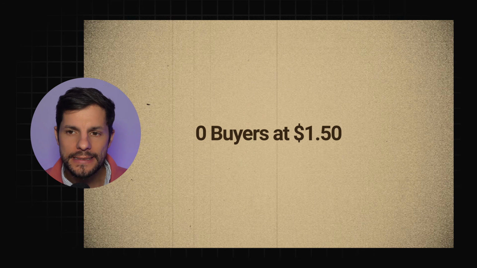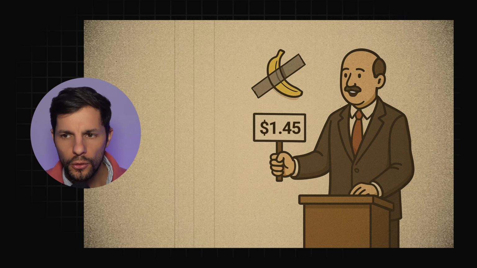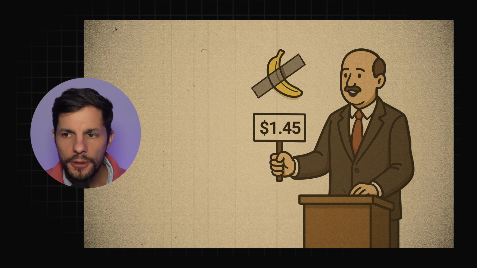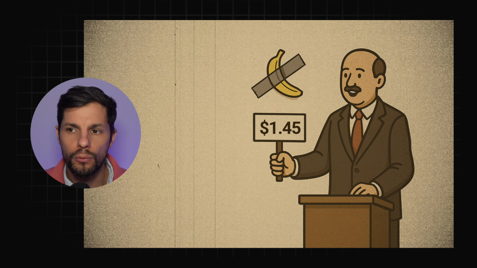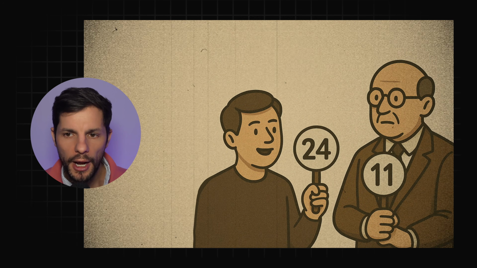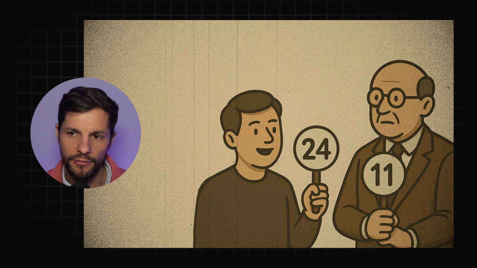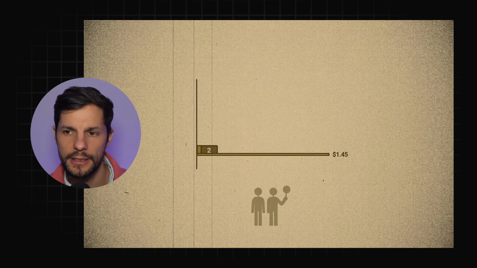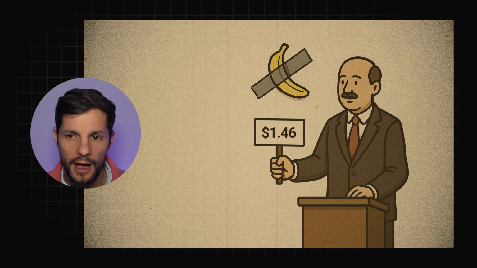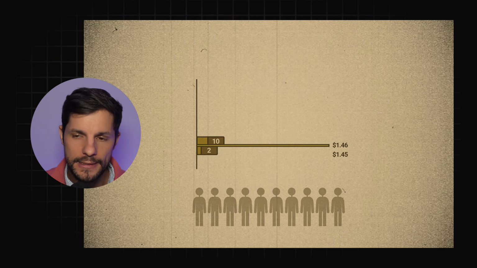There are zero bidders. Therefore, the auctioneer drops the current price of the banana by 5 cents to $1.45. Right after, we get 2 bidders at $1.45. The auction starts. Right after, 10 more bidders come in at $1.46.